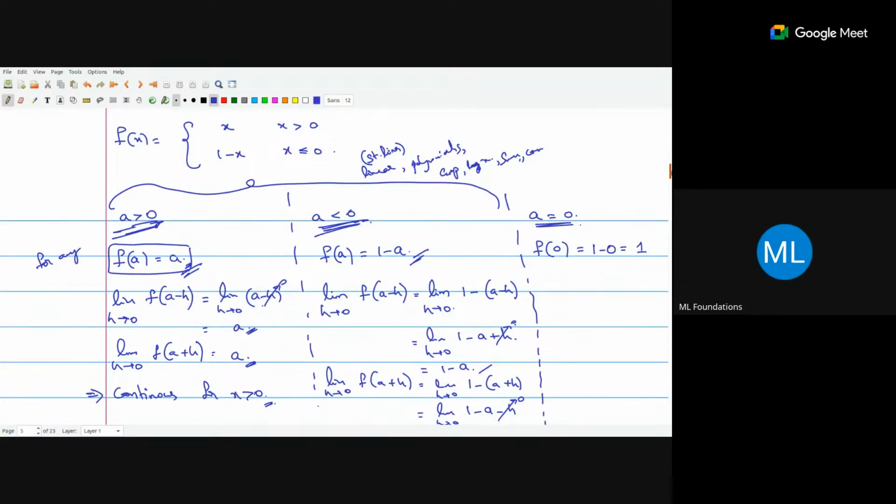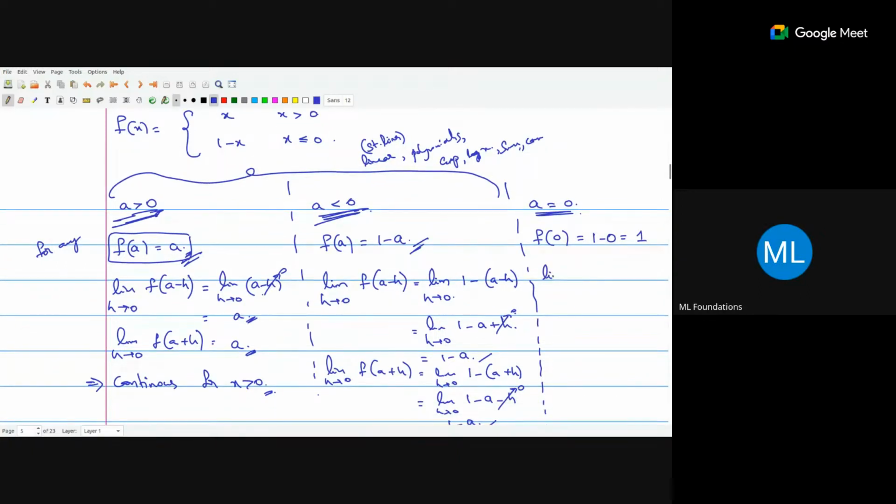Now limit h tends to 0, f of a minus h. Now you see this is 0 minus h, because a is 0. So that means we are finding the function value for negative reals. So it's like f of minus h. Minus h is a negative number.